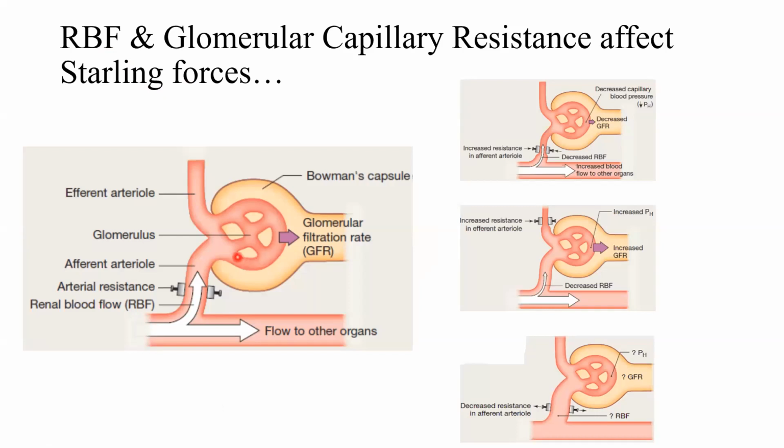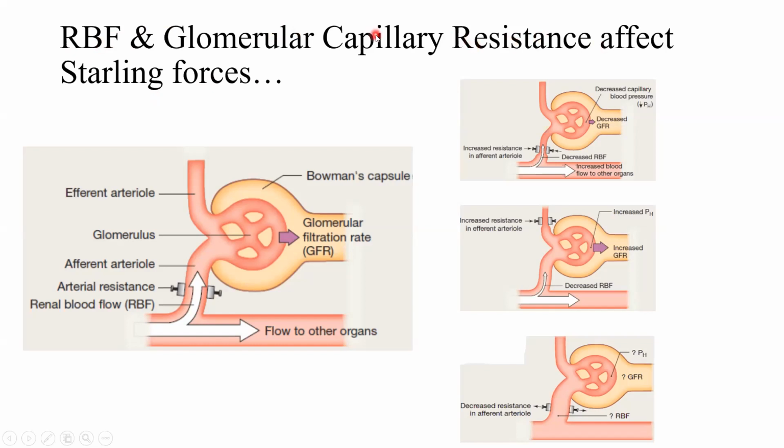So what makes the availability of blood in the glomerulus is two things: the rate of glomerular blood flow, i.e., how much you are allowing the blood to come in, and the second, which if you really look at it closely is related to RBF, is the resistance.